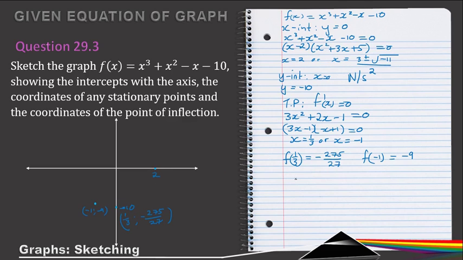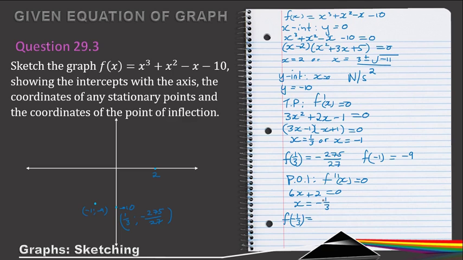We need our points of inflection, and that is by setting the second derivative equal to 0 and solving. So my second derivative is 6x plus 2 equal to 0, and that makes my x equal to -1 over 3. That's then my x value, so substitute it into my original function.